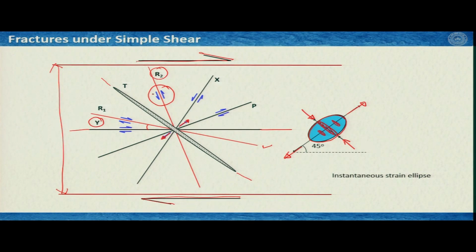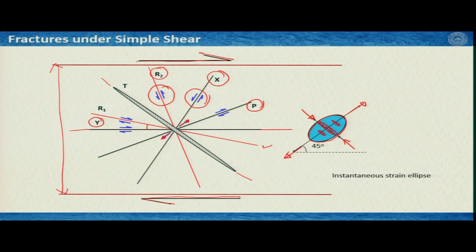Some sort of mirror image of these two fractures forms on the other side of the brittle shear zone. One is the P shear fracture, where the sense of displacement is synthetic, similar to the bulk shear direction, and then we have another set of shear fractures, X shear fractures, where the sense of shear is opposite to the bulk shear direction, or antithetic.